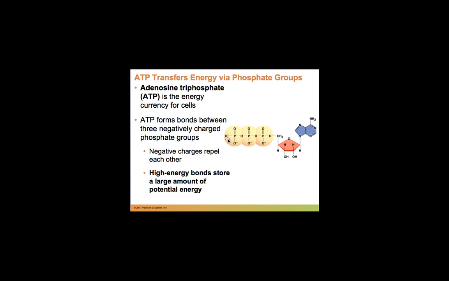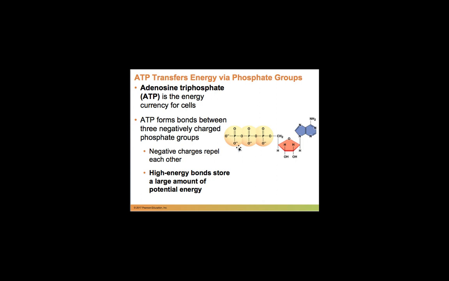So all these phosphate groups have a lot of negative charges, right? You see this negative oxygen, another negative oxygen, another negative oxygen. All these negative charges repel one another. Because these negative charges on the phosphate groups are repelling one another, they're going to have a lot of high energy bonds.